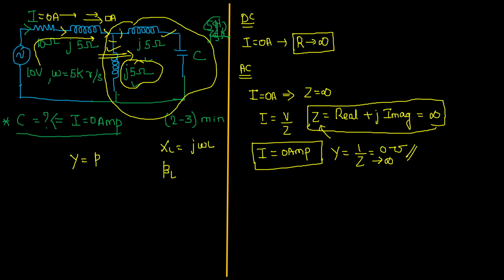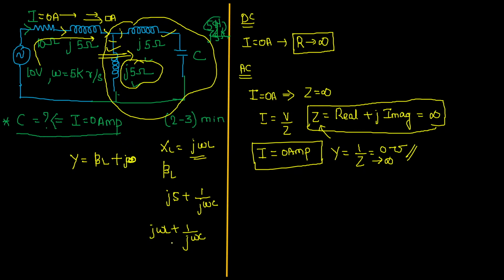So we need to write inductive susceptance, that is the reciprocal of this value, plus the second branch admittance. In the second branch, totally we are having J times of 5 plus 1 by J times of omega C. Both are connected in series, that is inductive reactance J omega L plus 1 upon J omega C. It can be written like this. So the total value, I will substitute directly. I am writing it here.